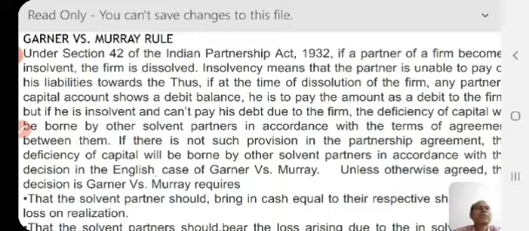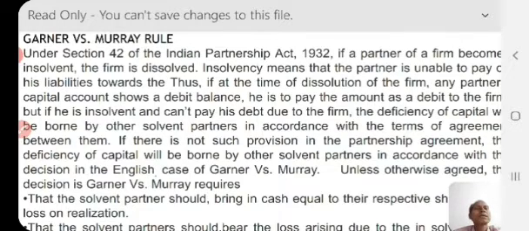As per section 42 of the Indian Partnership Act, if a partner is insolvent, the firm is dissolved.